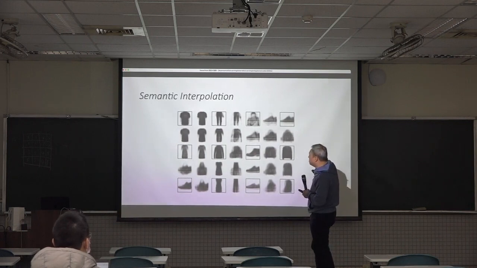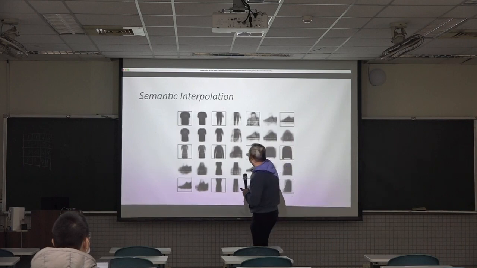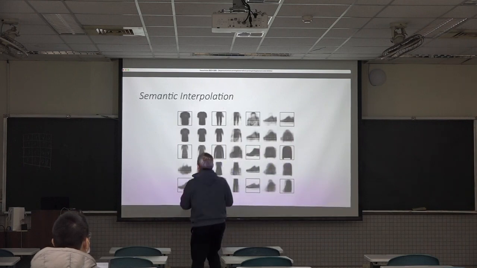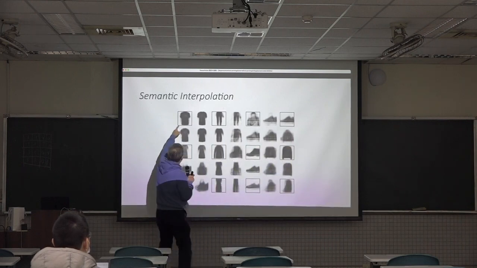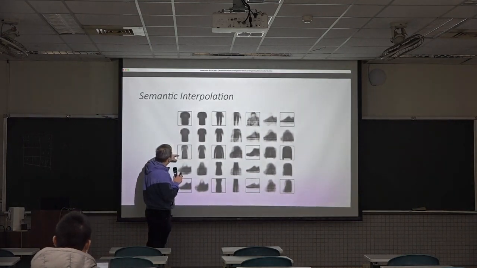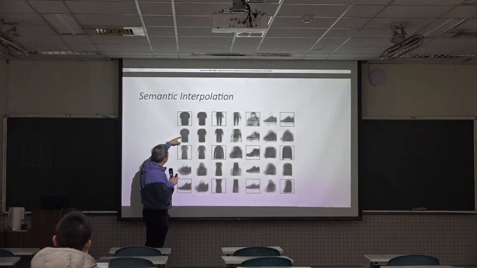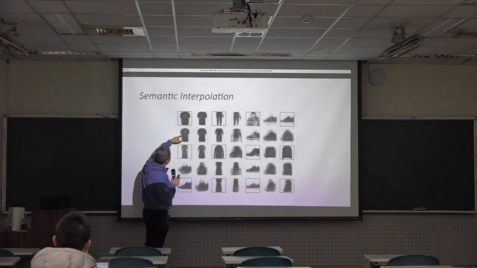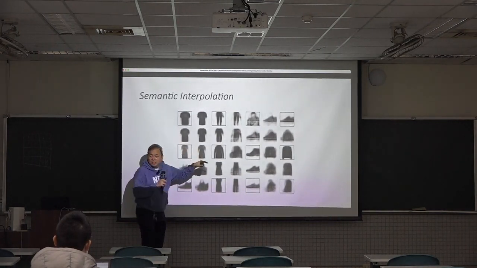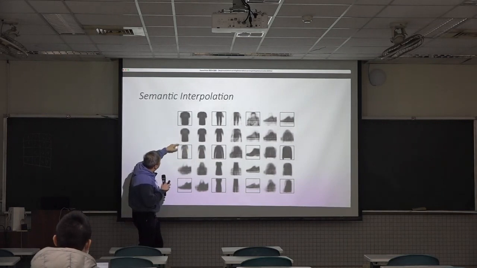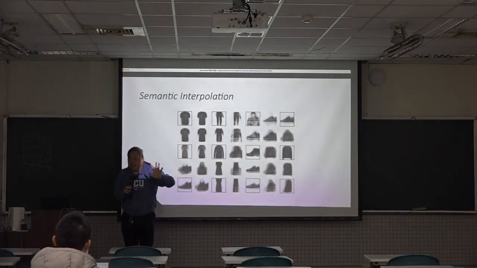Anything else? For example, clothes. These two: this is a t-shirt, this is a dress, right? This one looks like a short sleeve dress. So again, this is an interpolation of these two. But this is semantic interpolation.